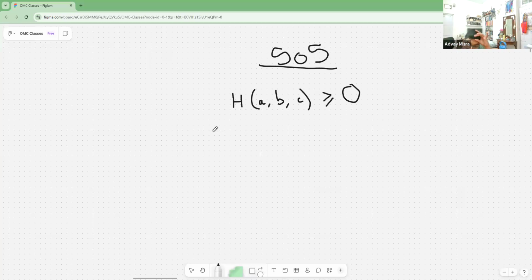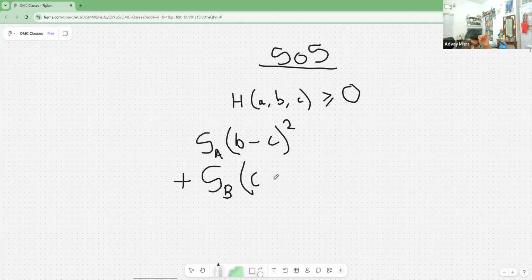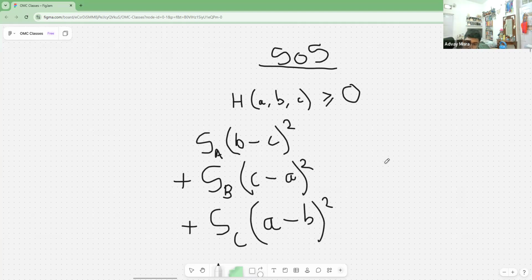So now the idea is that you write this as S sub A times (B minus C) whole square, plus S sub B times (C minus A) whole square, and S sub C times (A minus B) whole square, is greater than or equal to 0.